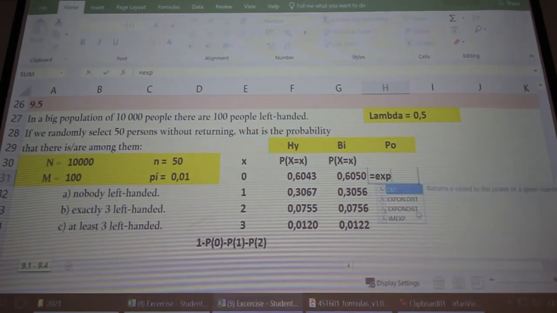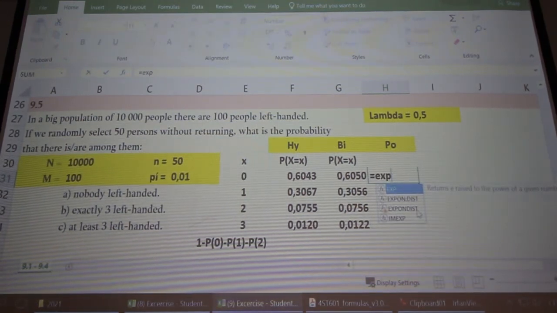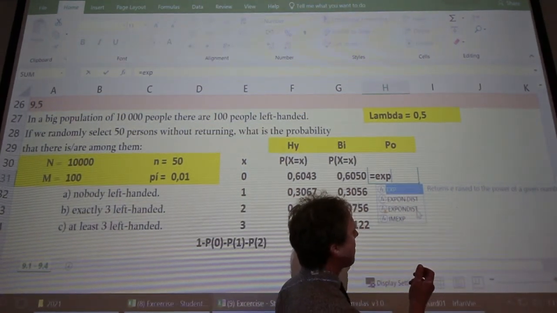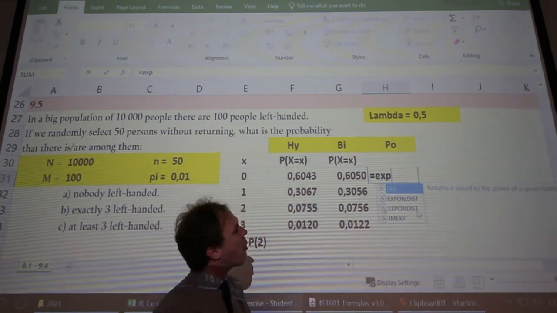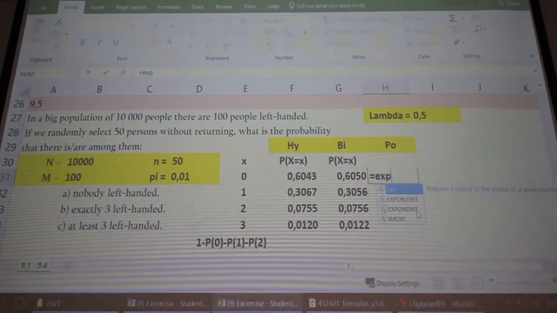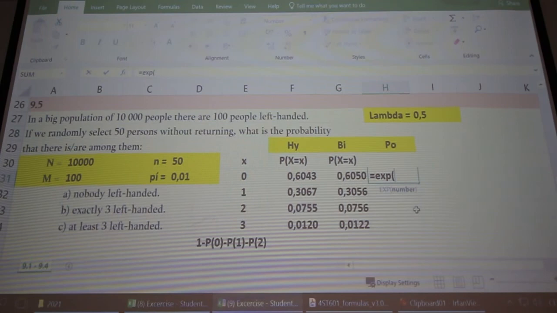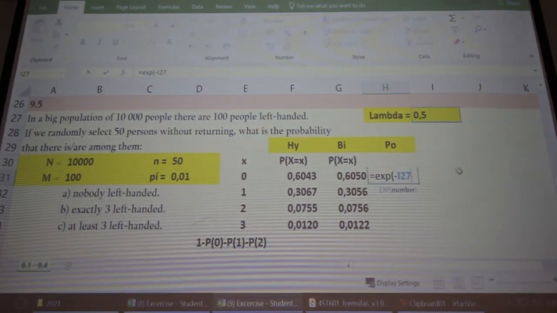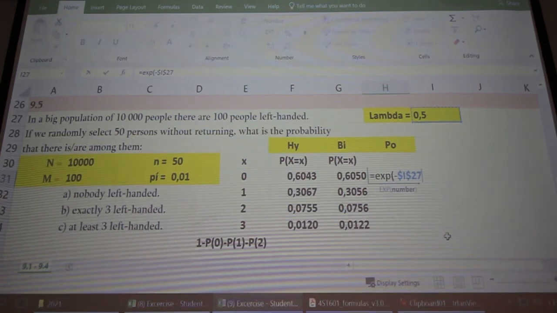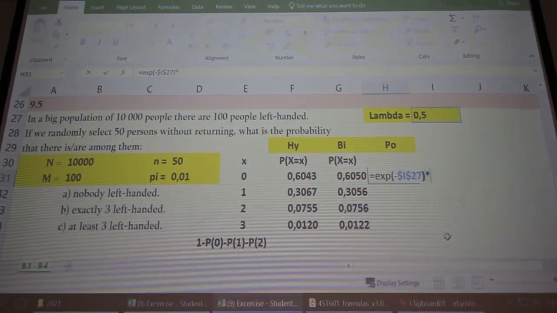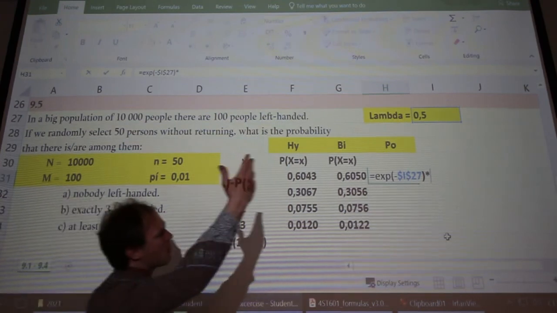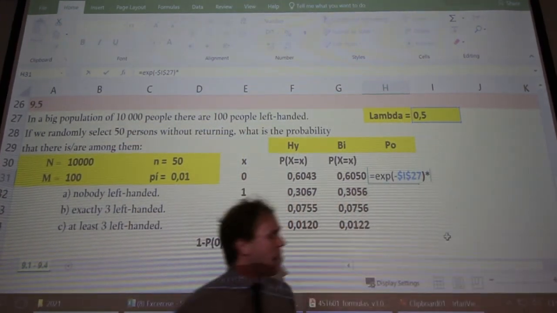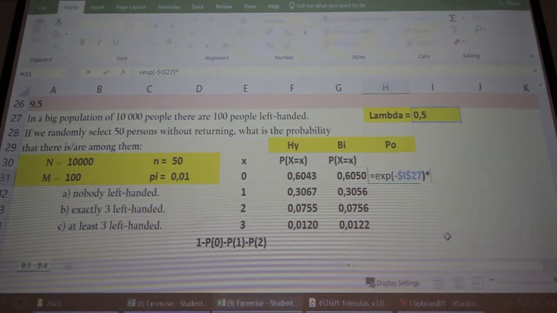Euler constant is EXP. You can see it returns e raised to the power of a given number. EXP, open the parenthesis, minus lambda. Lambda must be fixed, can you see the dollars, times lambda powered by x, so times lambda, lambda will be fixed.